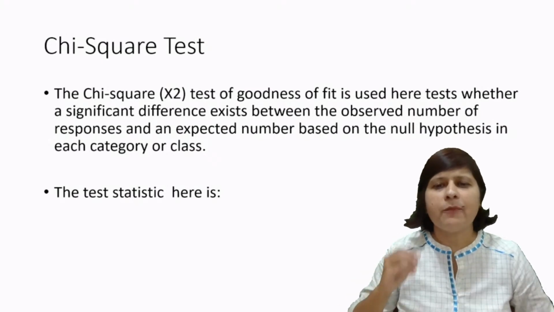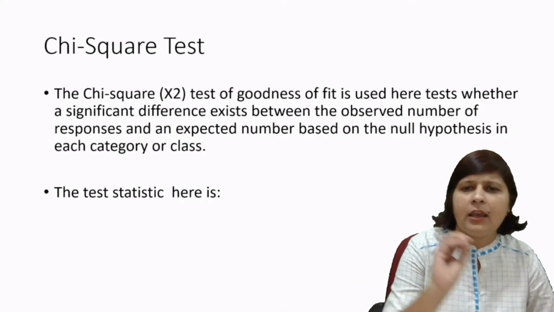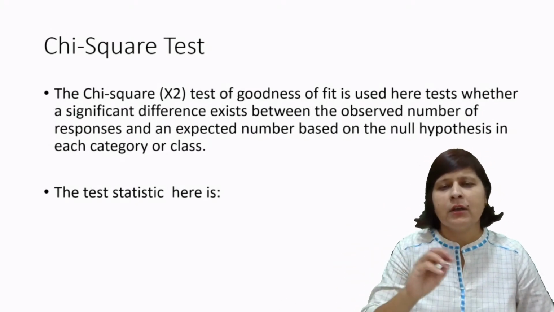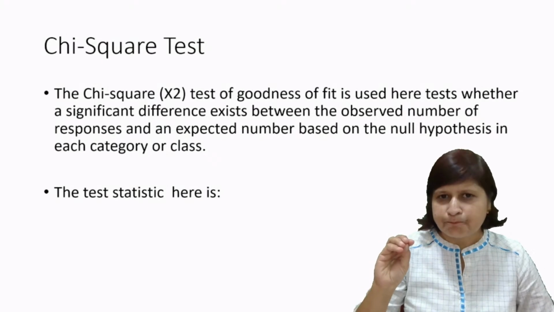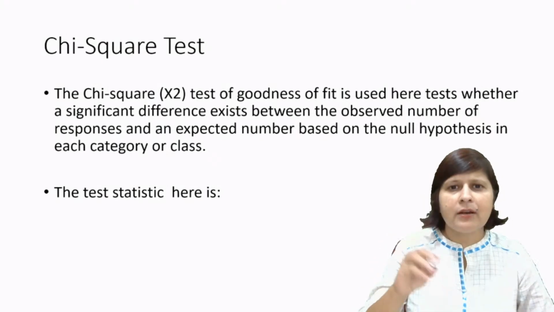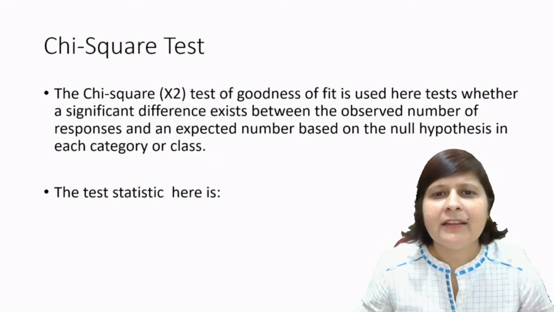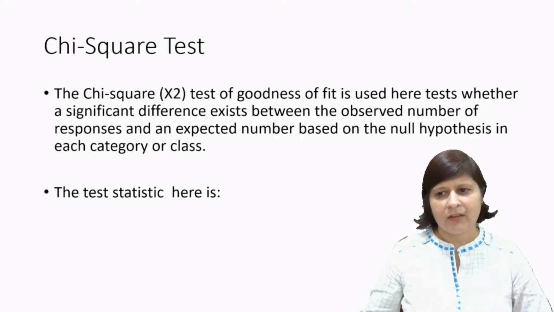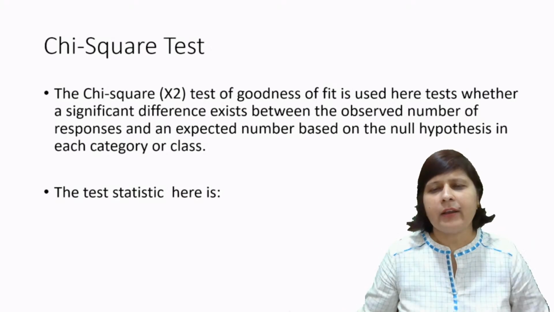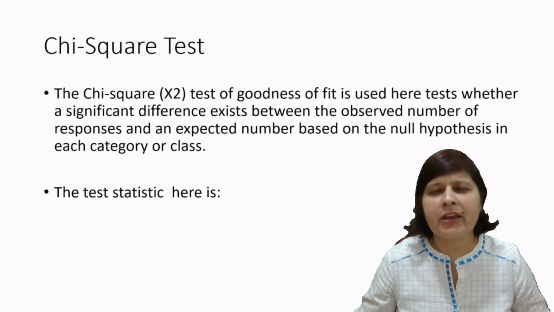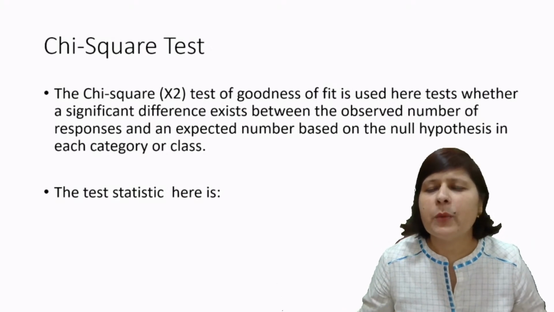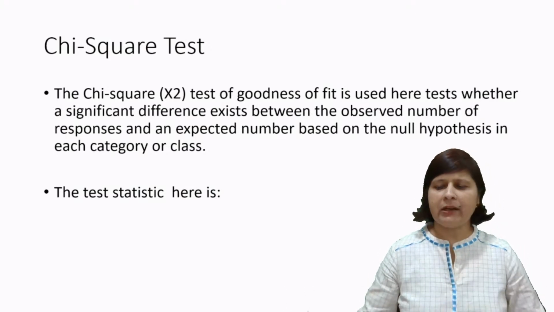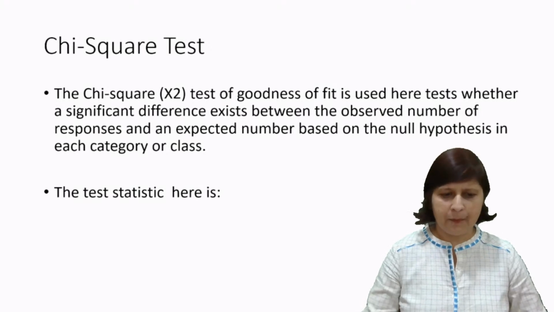When we ask the people whether they like A, B or C, then the numbers which come out after collecting the data are known as the observed value or observed number, right? So goodness of fit is used to test whether a significant difference exists between the observed number of responses and the expected, depending on the null hypothesis.